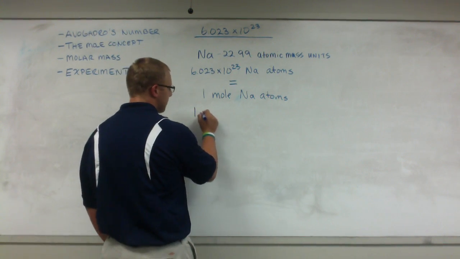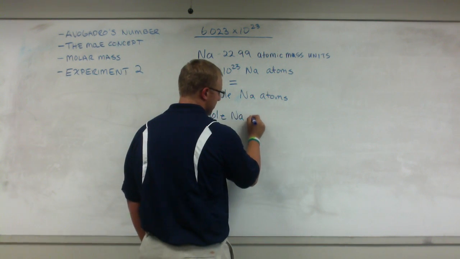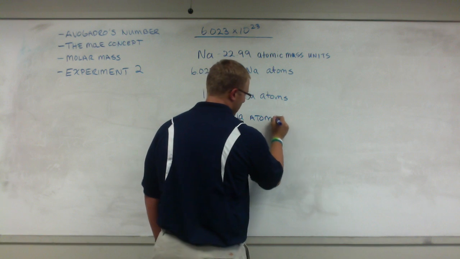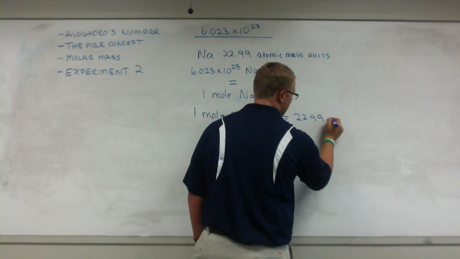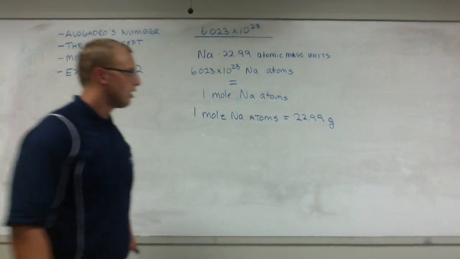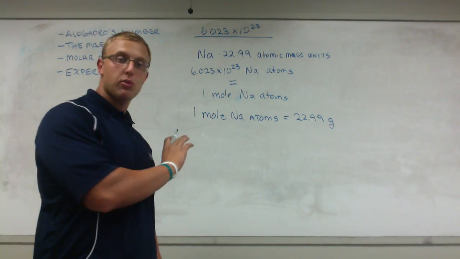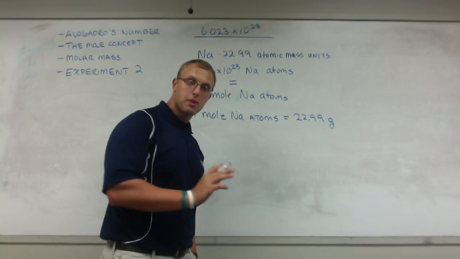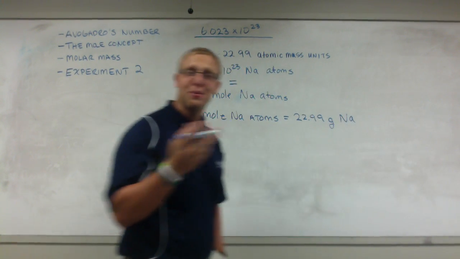So we get this and we say 1 mole of sodium atoms is equal to 22.99 grams. So what we have here is a relationship, correct? And what can we do with relationships?